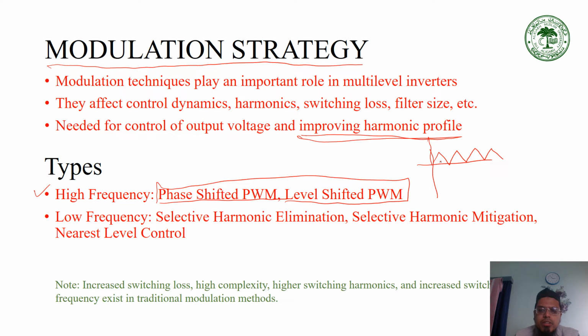Let me show here. So this is phase shifted. Another carrier signal is phase shifted from the earlier one. For n levels, you need to have n minus 1 carriers. Okay. Similarly, for level shifted, the other level is here.